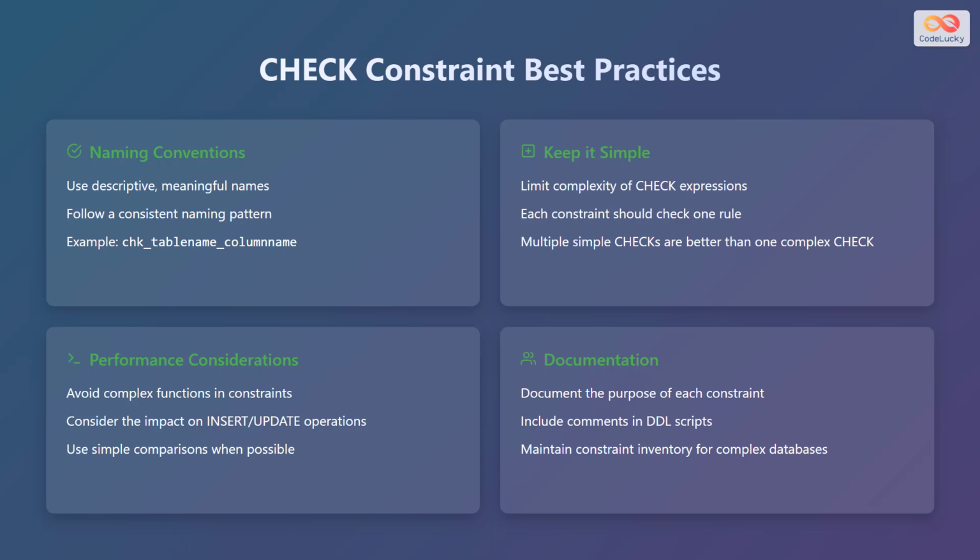Multiple simple checks are better than one complex check. Then consider performance. Avoid complex functions and constraints. Consider the impact on insert or update operations, and use simple comparisons when possible. Finally, documentation. Document the purpose of each constraint, include comments in data definition language scripts, and maintain a constraint inventory for complex databases.